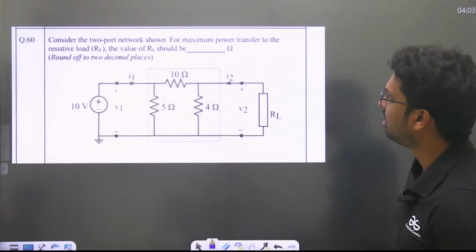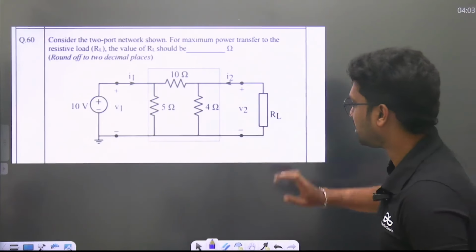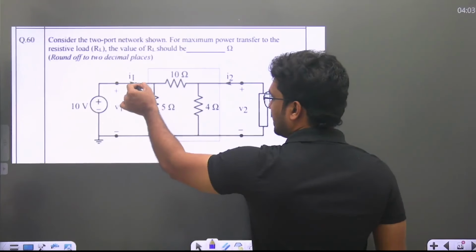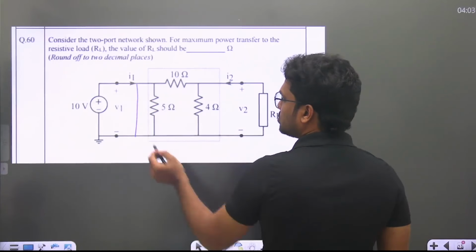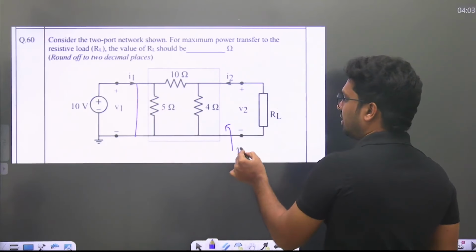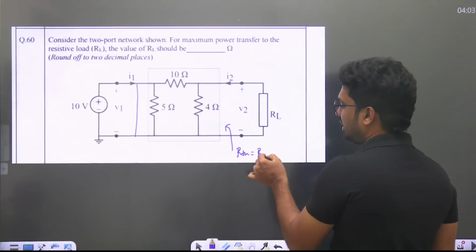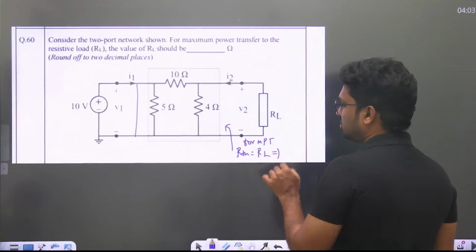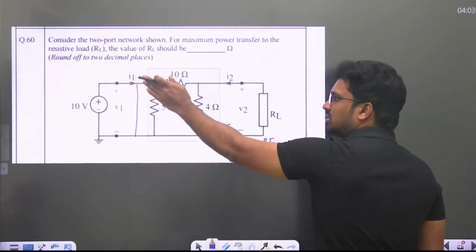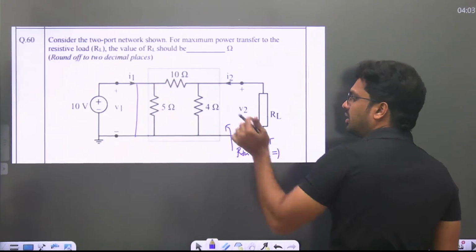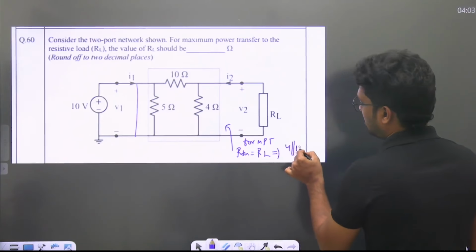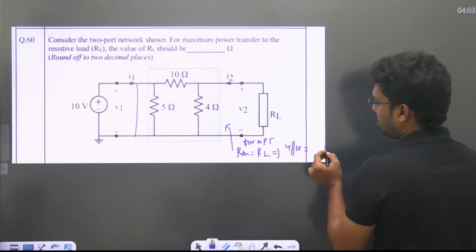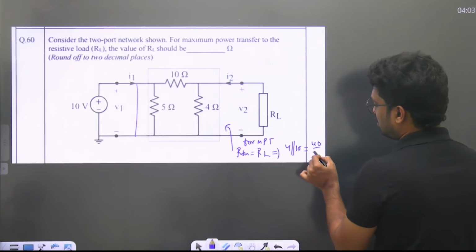Examiner is asking, what is the value of RL for maximum power transfer? What do we do? Just connect this here, replace the source with a short circuit, and from here find RTH, which must be made equal to RL. This is the required condition for maximum power transfer. So what is RTH if you short circuit? It is 0 from this side, 4 parallel with 10. That is 40 by 14, 20 by 7.